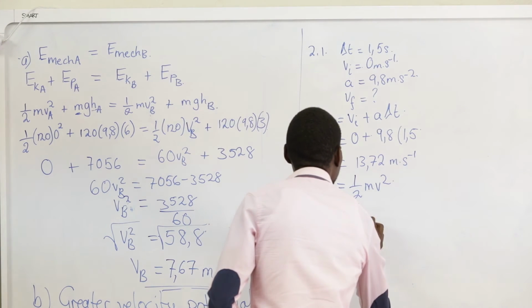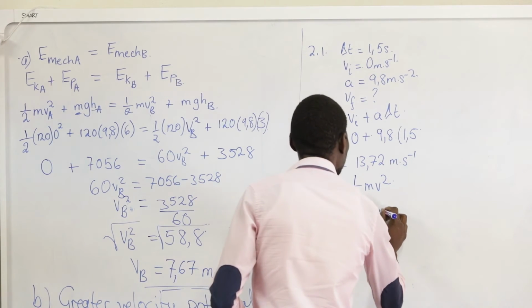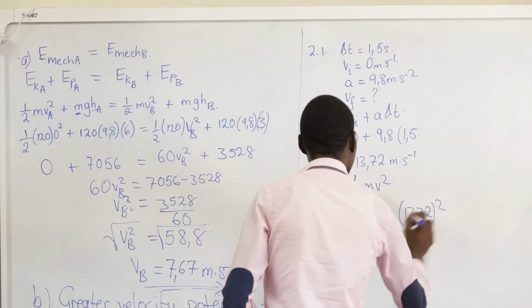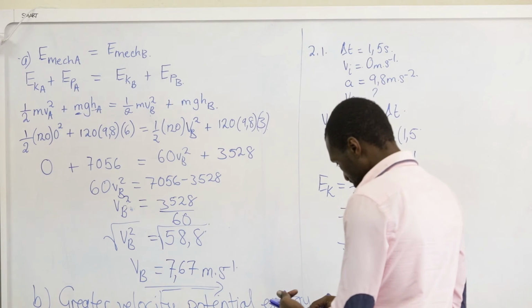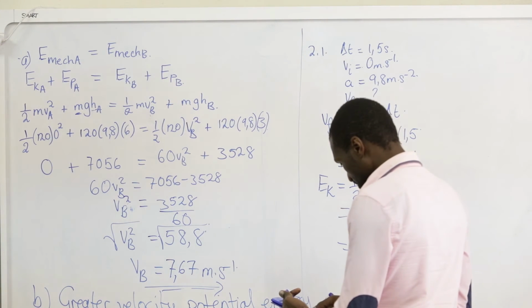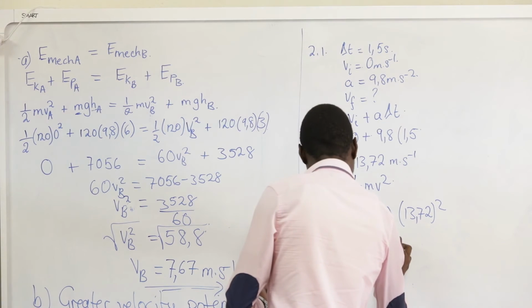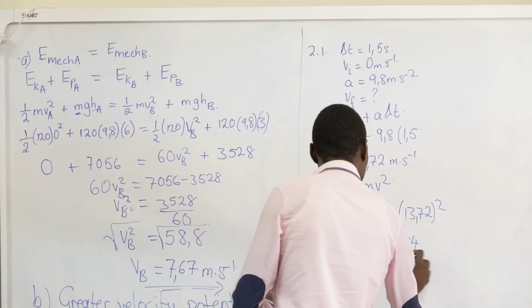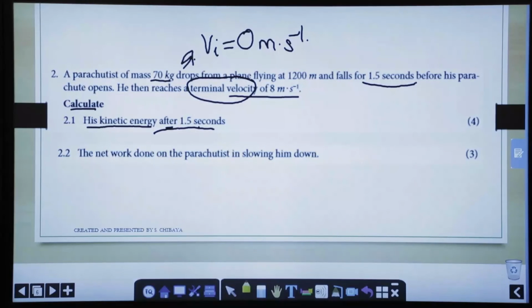The kinetic energy, half mass, is equivalent to half of 70 multiplied by that velocity of 13.72 all squared. So half of 70, I know it's 35, multiplied by 13.72, and this is all squared. My final answer there is 6588.344 joules, because energy is measured in joules.